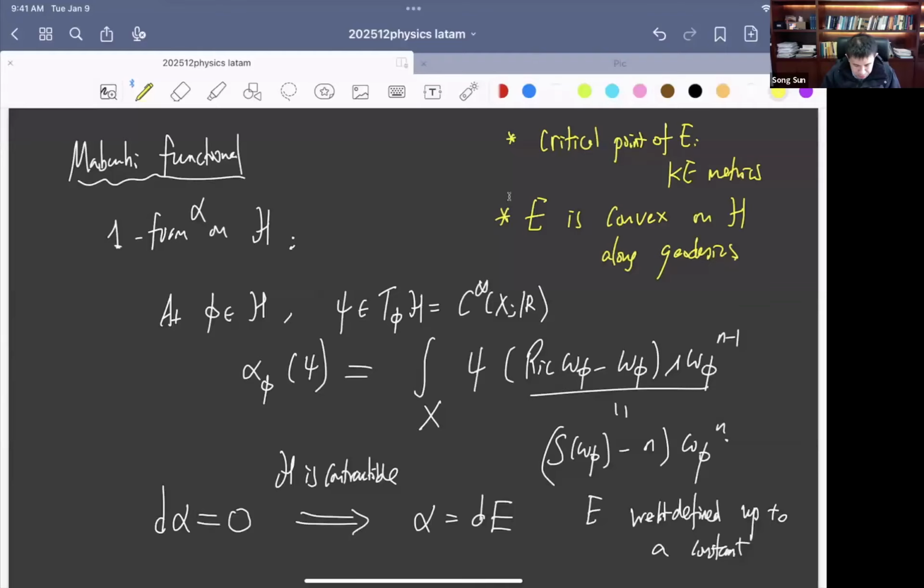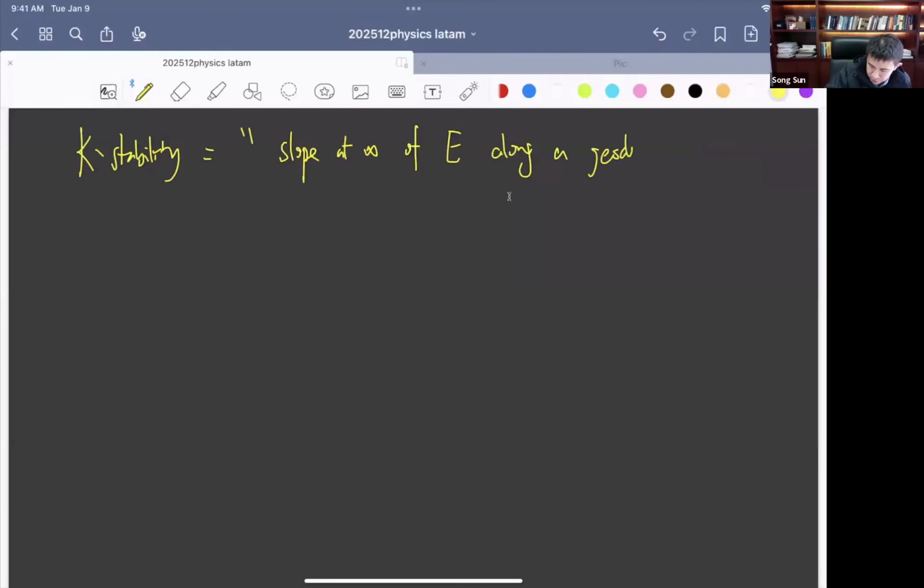The existence of a Kähler-Einstein metric should be detected by whether the slope at infinity along a geodesic direction is always positive, and that is K-stability, roughly speaking: the slope at infinity of this function E along a geodesic ray being positive.